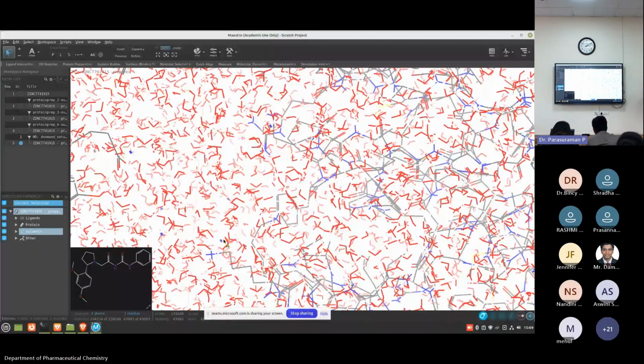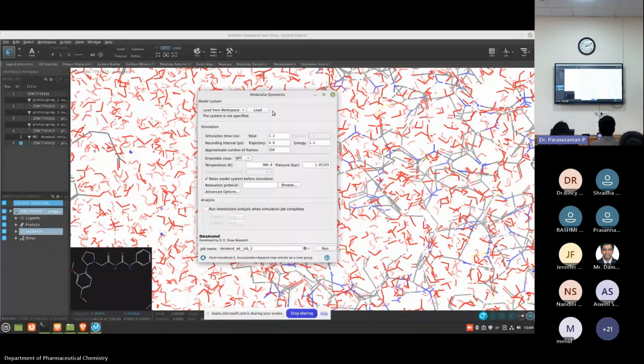Now we have another tab called molecular dynamics. Once you click the molecular dynamics tab, here you can see there is a tab called load. We have built the model, and to run the simulation, we need to load the model to the system.